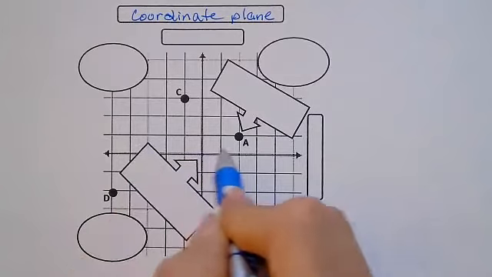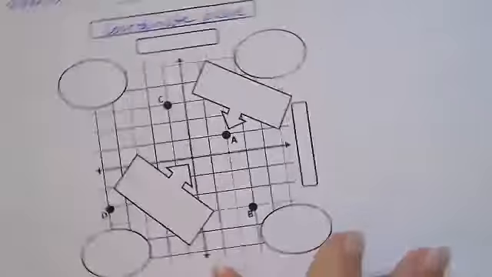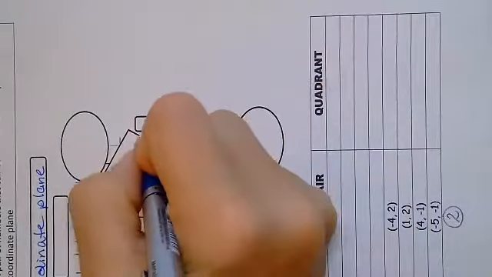Okay, this axis that goes across is the x-axis, just like you cross an X to make it.